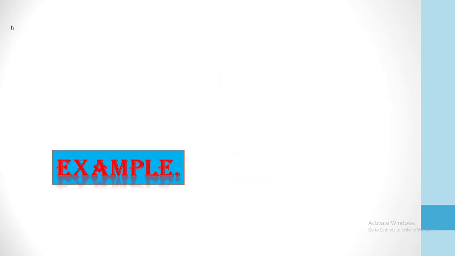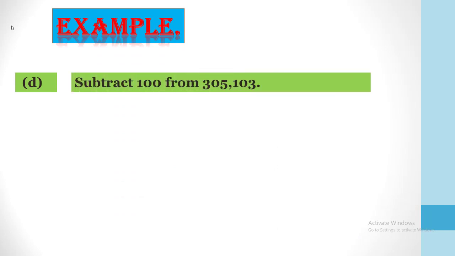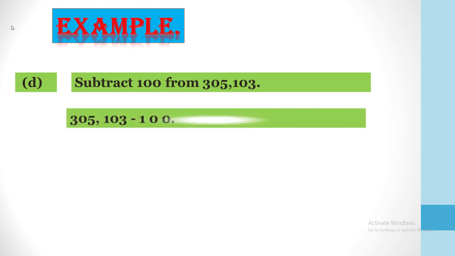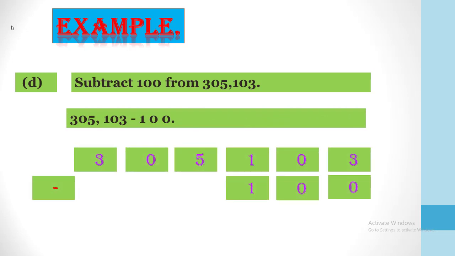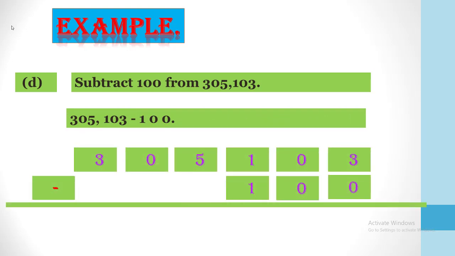Our next example is, we have to subtract 100 from 305,103. Write them vertically. Start from right. Our first column is 3 minus 0.